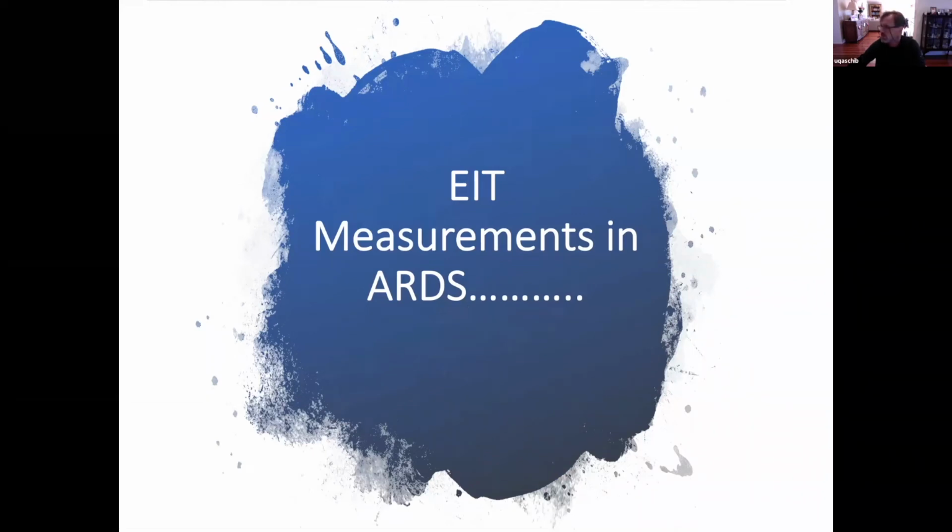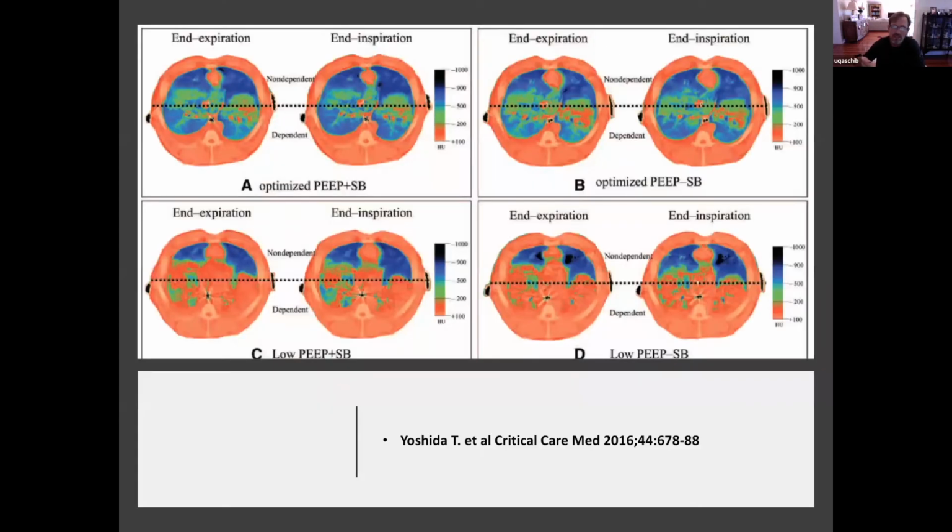So what do we know in EIT and ARDS? There's a lot of dots. We don't know that much. And the problem is probably because the commercially available EIT brands are rare and unfortunately are still quite expensive. But in the same experiment as I showed before, if you look at EIT images and positron images, you get quite nice distribution of the ventilation if you actually tackle optimizing PEEP.